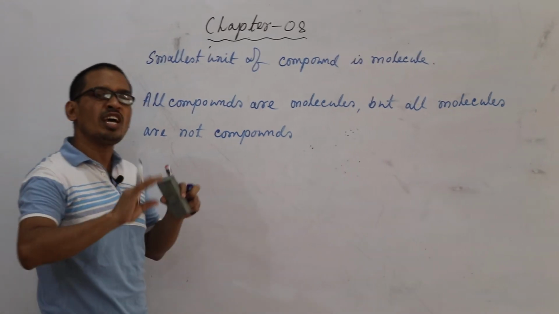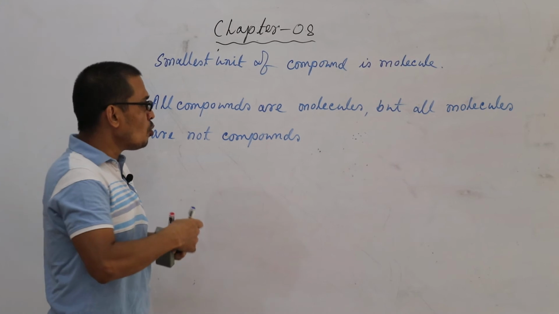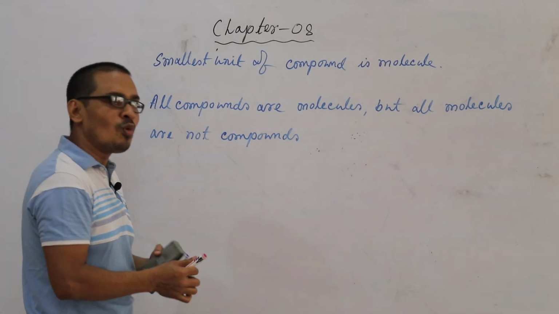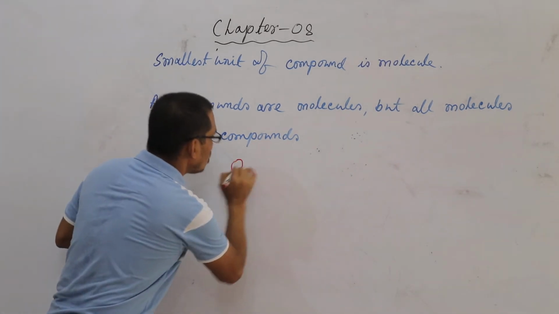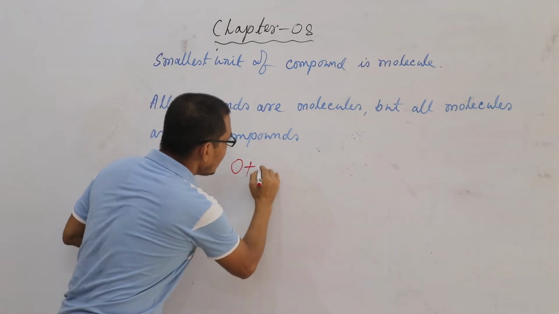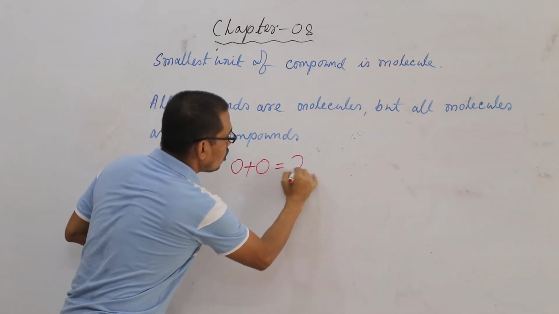A molecule is basically more than one atom forming together. Look, an oxygen atom and another oxygen atom form O2.